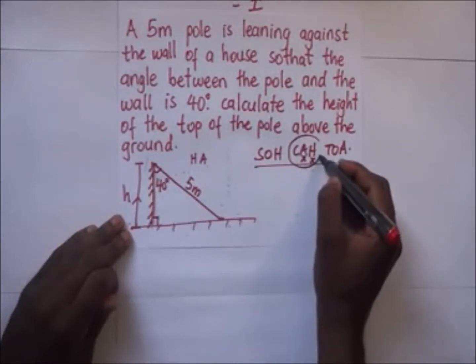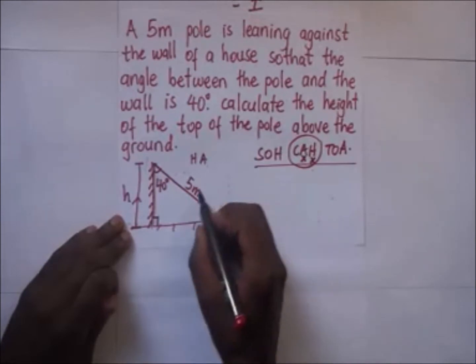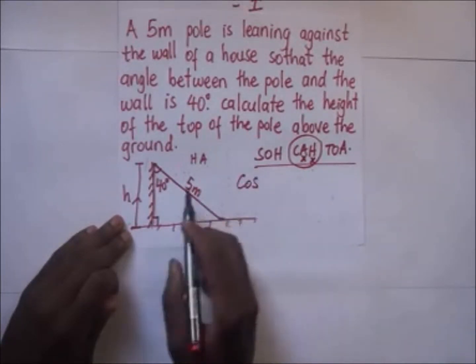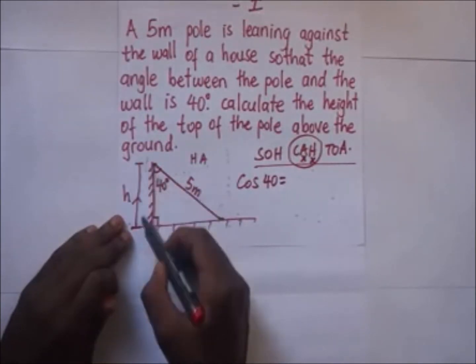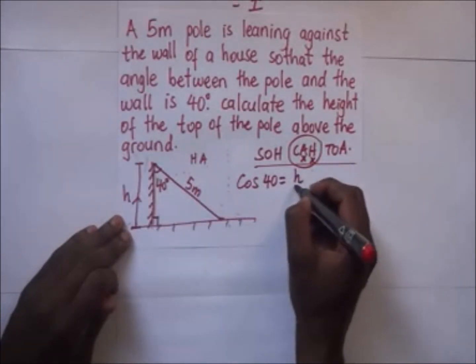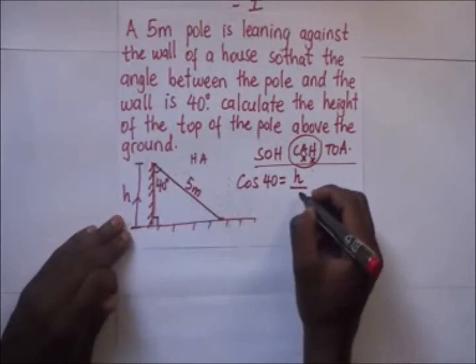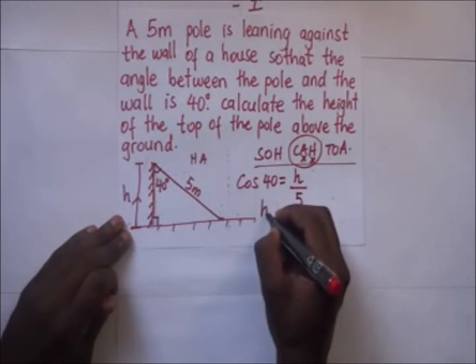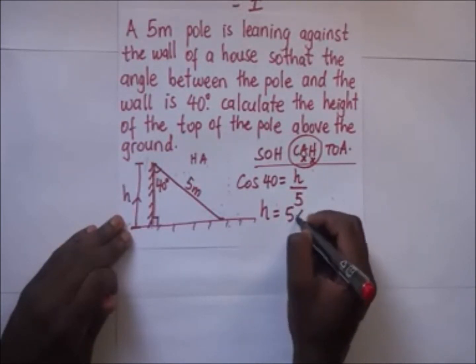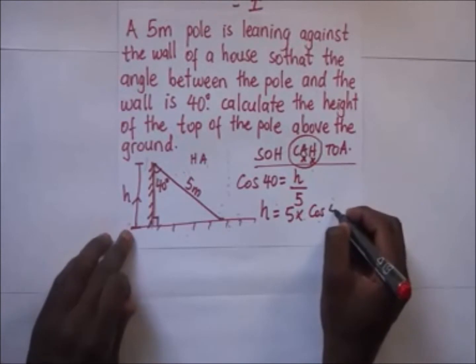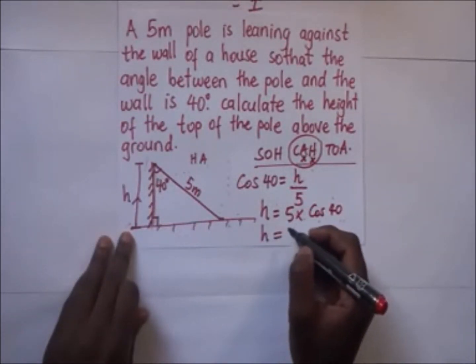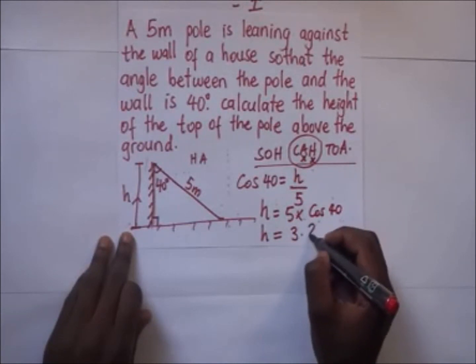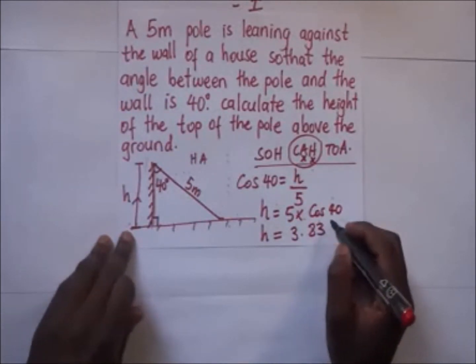So still again, we are going to use cos. So it's going to become that the cosine of this angle, which is 40, is going to be equal to the adjacent, which we are looking for, h, over the hypotenuse, which is 5. And our value of h is going to be 5 times the cosine of 40. And the value of h, our answer, is going to be 3.83 meters.